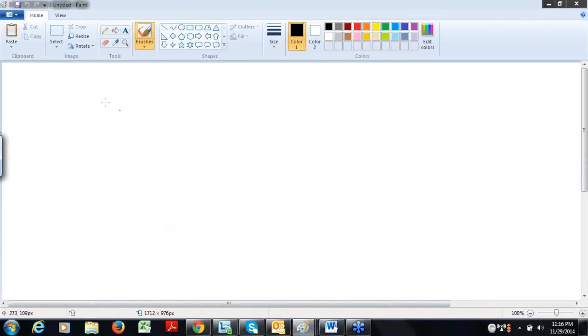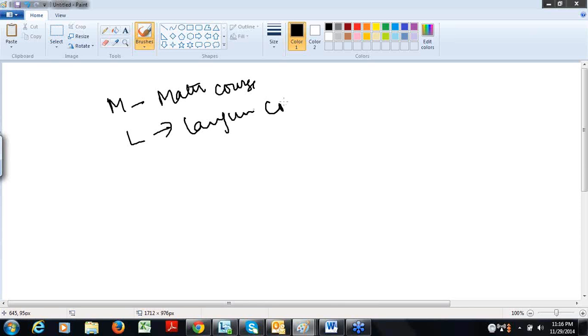So it is saying M maths course, L language course, and B both maths and language course, M intersection L. So M union L is what?